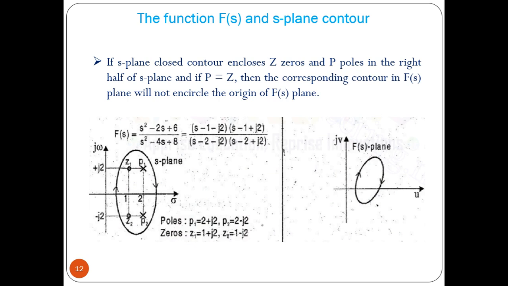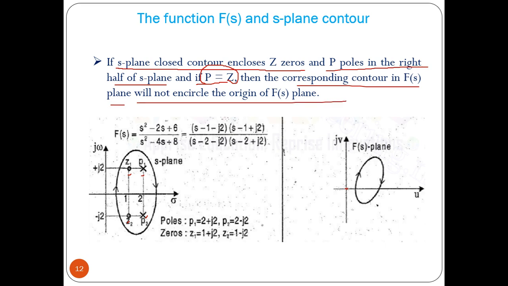And if we have P equal to Z, then what will happen? The origin will not be encircled. That means if the S plane closed contour encloses Z number of zeros and P number of poles in the right half of S plane, and if P equals Z, then the corresponding contour in the F(s) plane will not encircle the origin.